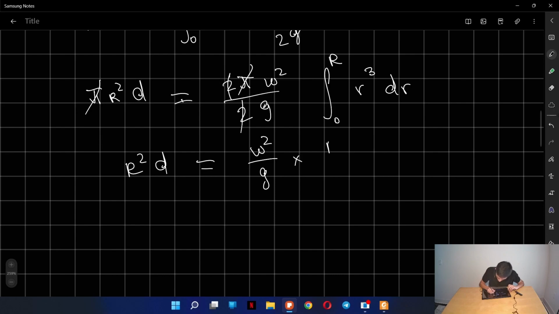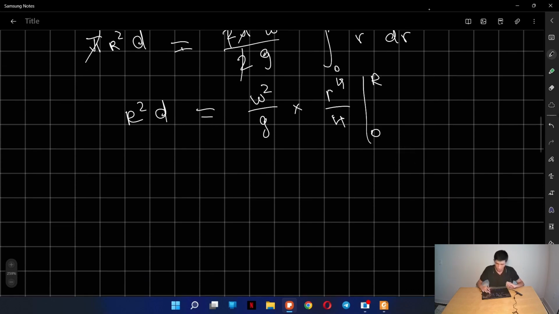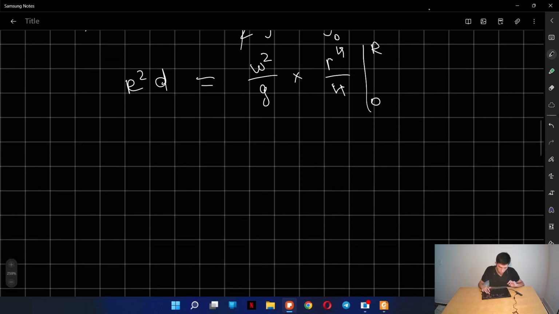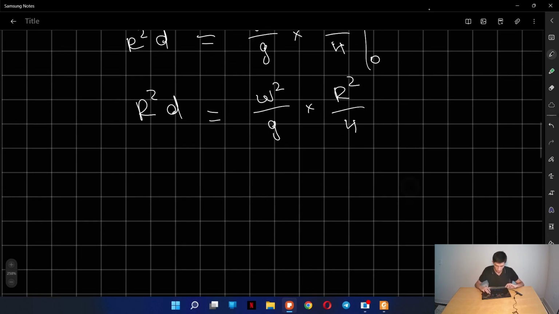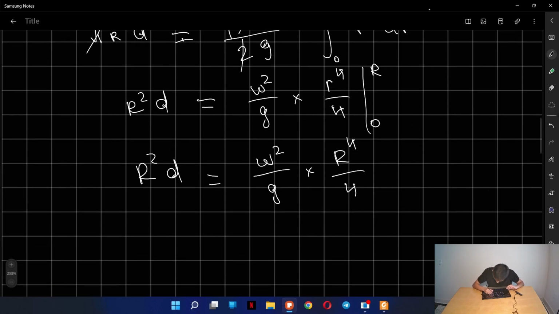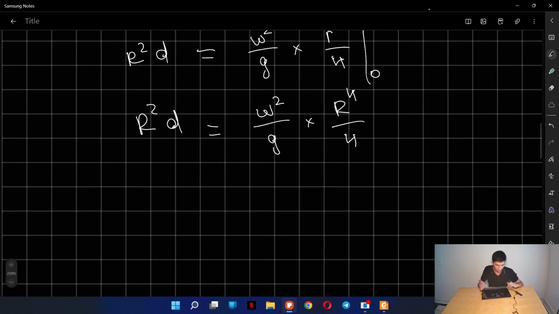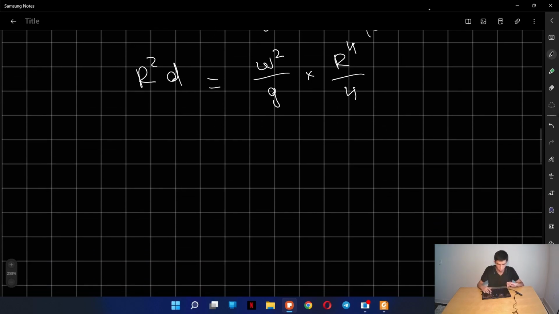So it's going to be r to the 4th over 4 from 0 to R. And at 0 it's going to be 0, so the equation we're going to have is d is equal to omega squared over g times big R to the 4th over 4. And then the R squared is going to cancel with R to the 4th, so we're going to be left with R squared on the right hand side.